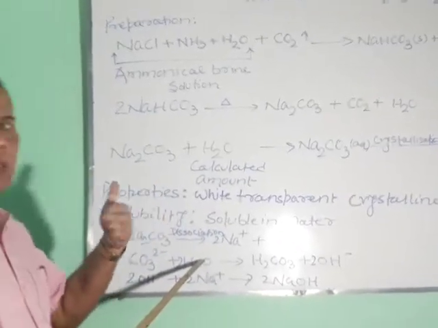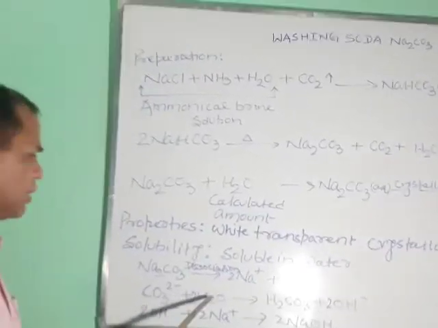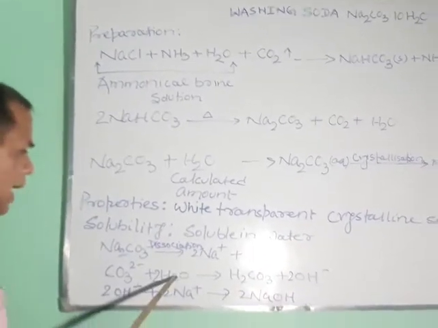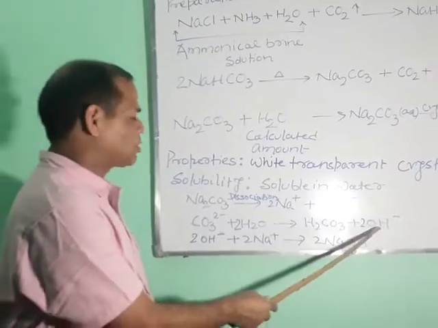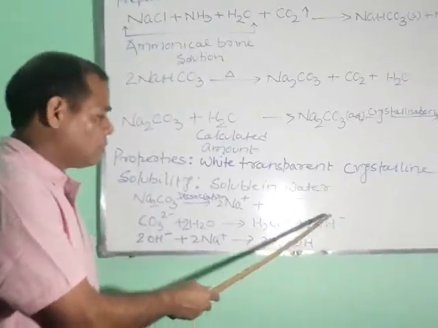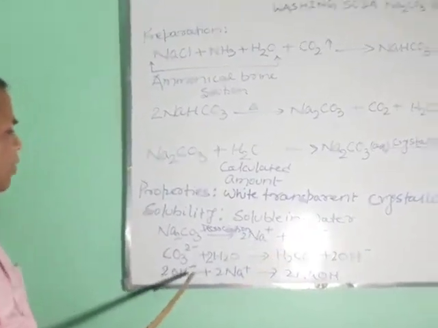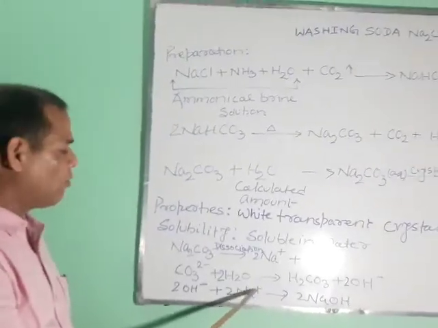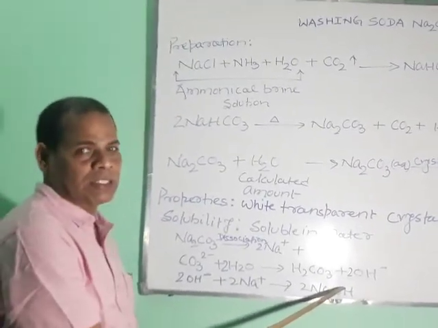When the carbonate radical undergoes hydrolysis, it forms carbonic acid and hydroxyl ion. Now the hydroxyl ion combines with sodium ion to form sodium hydroxide.